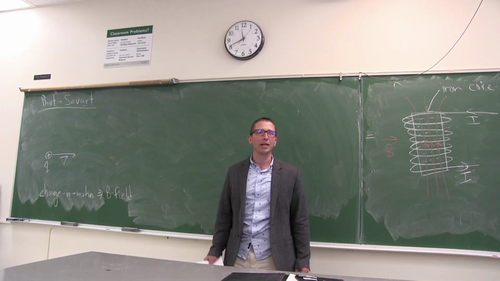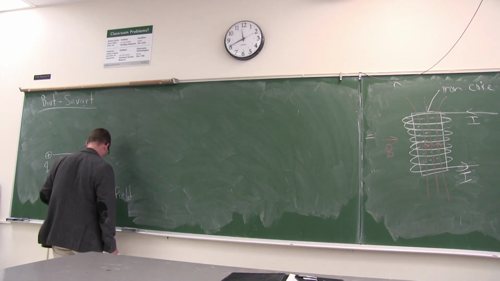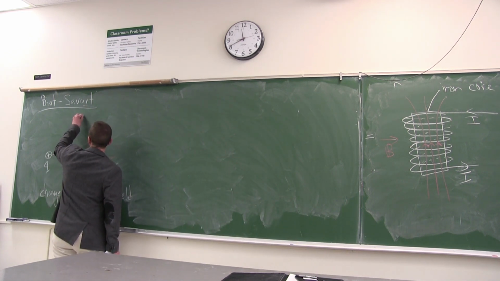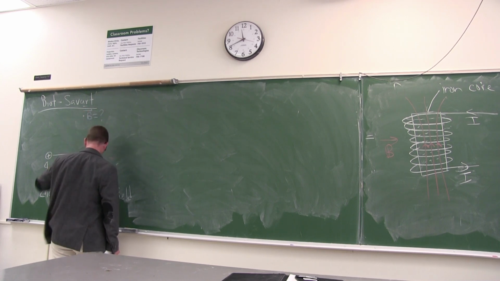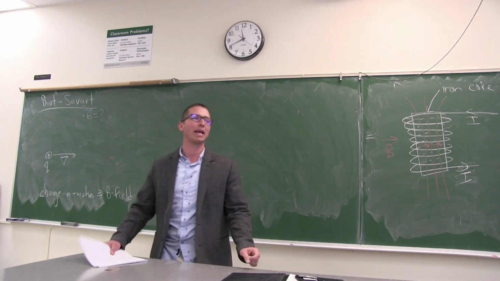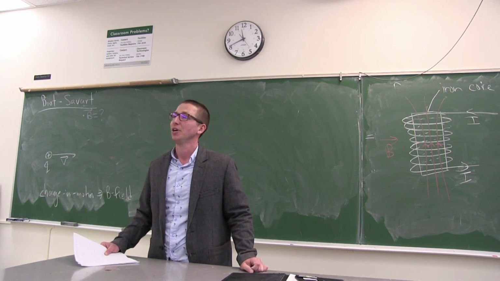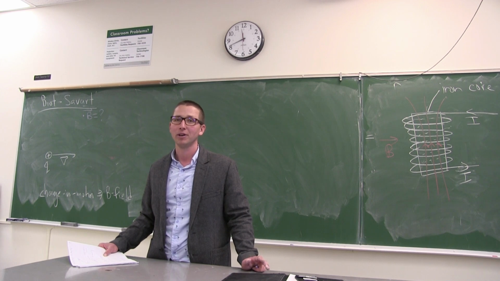So the Biot-Savart Law tells us what that is exactly. Imagine I want to know the magnetic field here at just some point in space. Well, just from experimenting with magnetism, we could kind of guess what it has to be. We'd expect the magnetic field to be weaker as you get farther away from the moving charge.